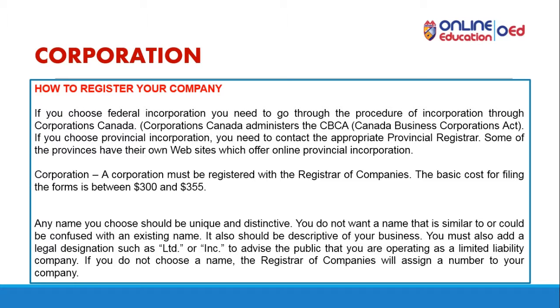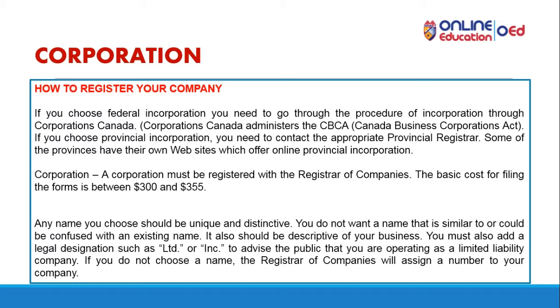So there's a difference between the two. Federal is a bit more complicated than the provincial incorporation. Some of the provinces have their own websites which offer online provincial incorporation. So you can just register your own business in your own province if you are going to select provincial incorporation.